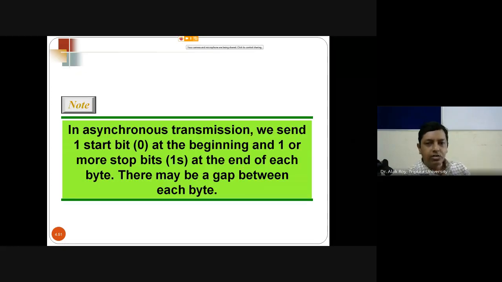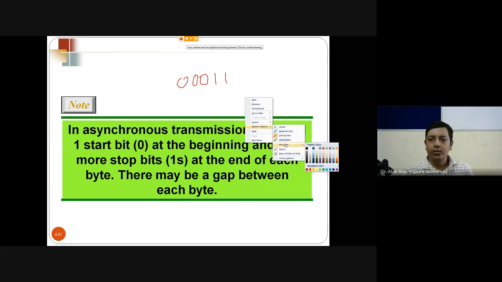Let's revise. In asynchronous transmission, we send one start bit at the beginning and one or more stop bits at the end of each byte. There may be a gap between each byte. Since clock is not used, with the bit stream, say 00011, you also need some extra start bit.